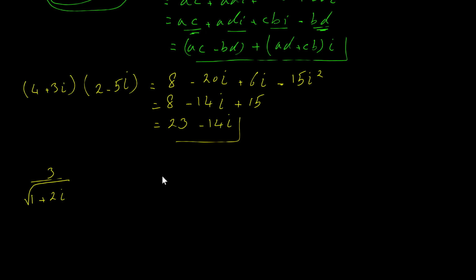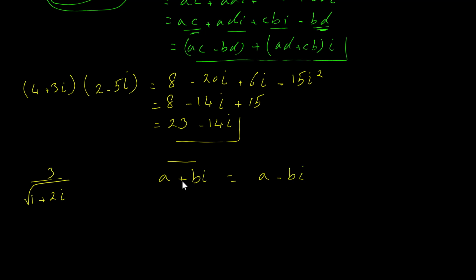If we have a plus bi, the conjugate of this, which we always show by putting a bar on top, is going to be equal to a minus bi.